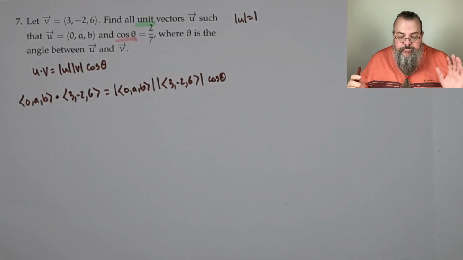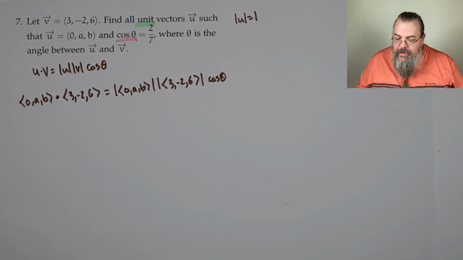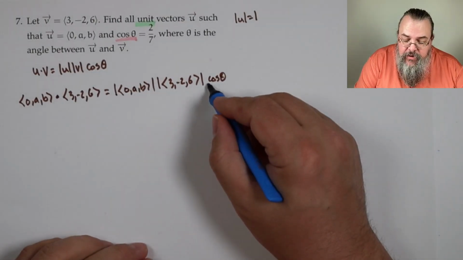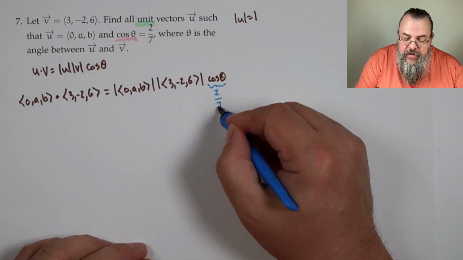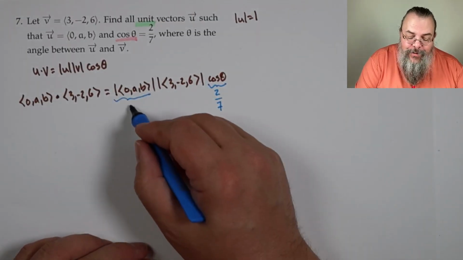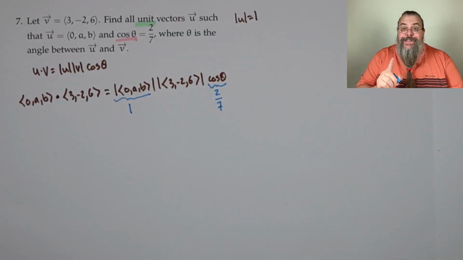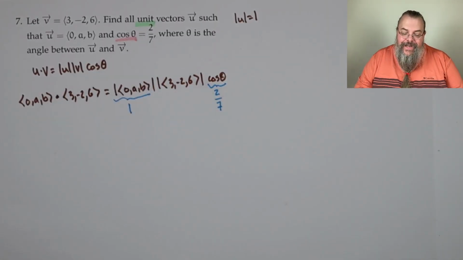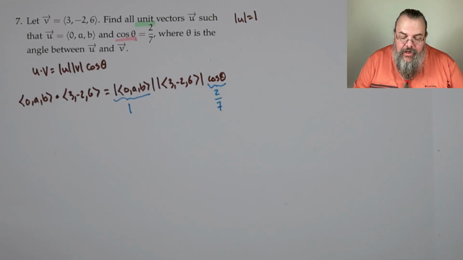Let's go ahead and clean this up. There's a couple of things that are going to simplify pretty quickly. Cosine theta we know. That's 2/7. Magnitude of 0, a, b we know. It's 1. Why is it 1? Because it's a unit vector.